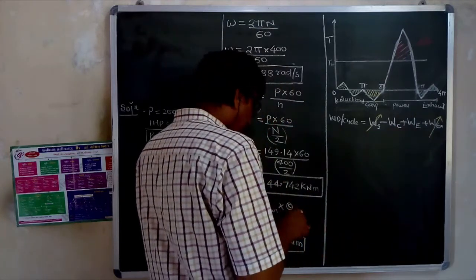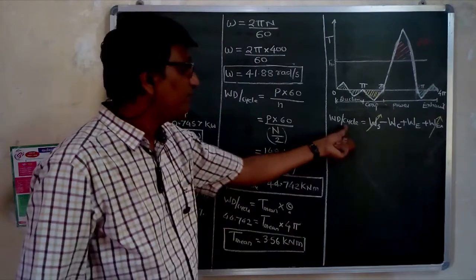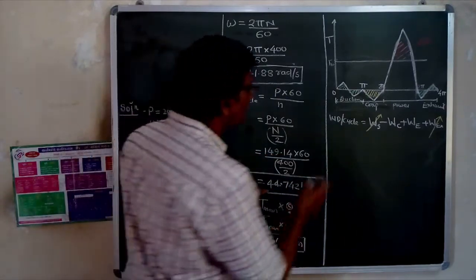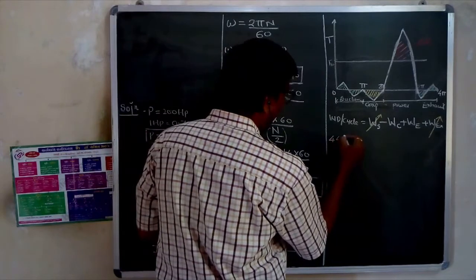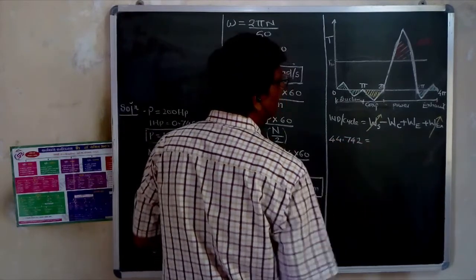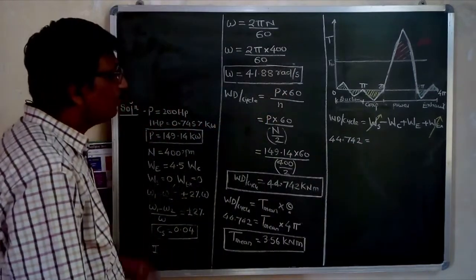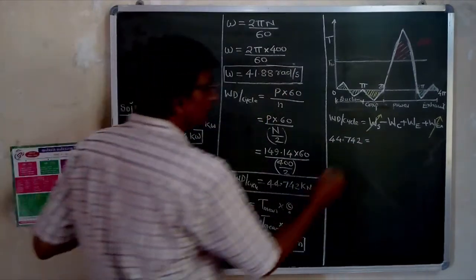Now I have the work done per cycle. Work done per cycle I already have, 44.742, is equal to the work done during compression, which I don't know, but you know the work done during expansion.